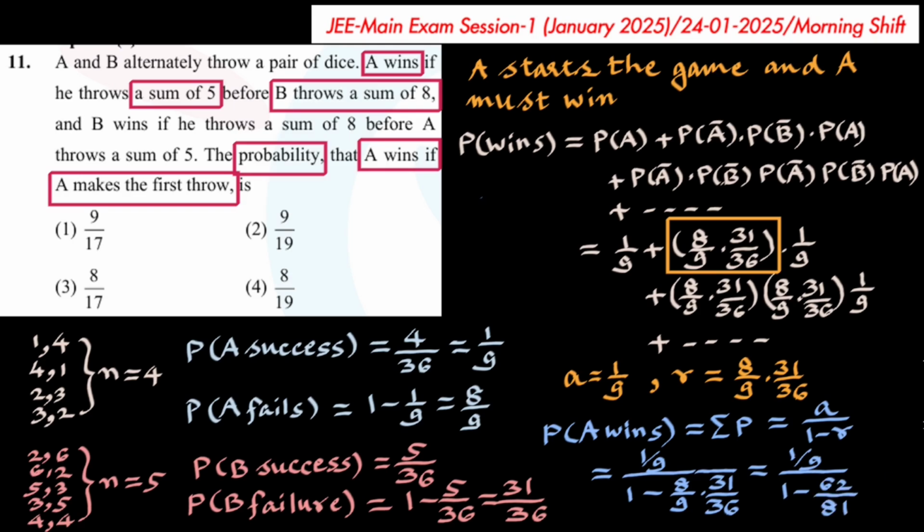Let's write the remaining calculations here. 1 upon 9 into 81 upon 81 minus 62, 19. So the probability that A wins if he makes the first throw will be 9 upon 19. Hence, the correct answer is option 2, 9 upon 19.